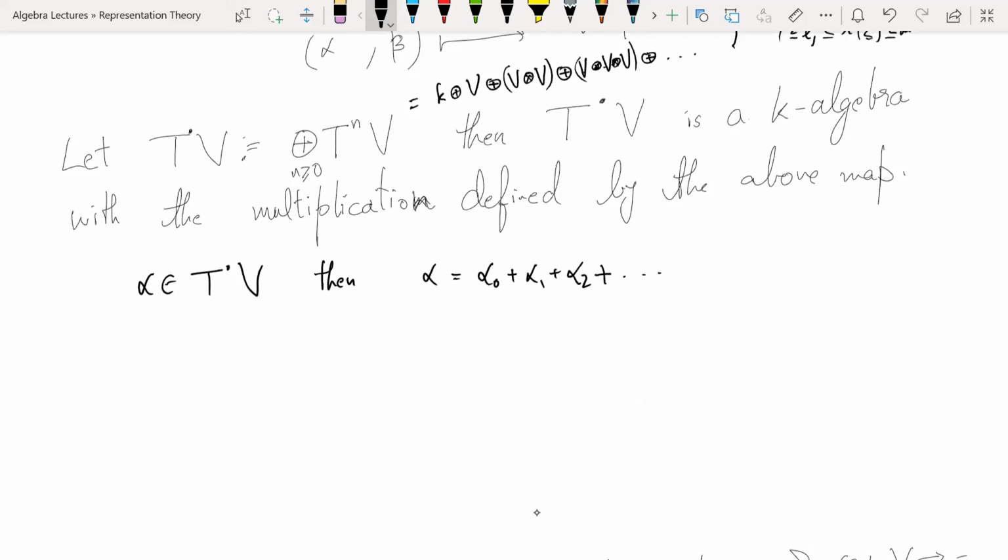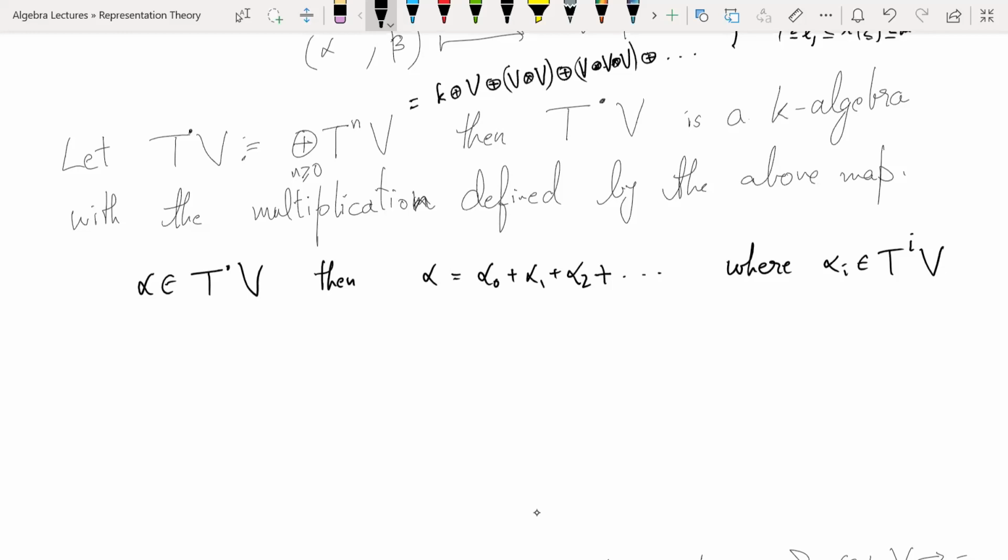All but finitely many will be 0 because it's a direct sum, where alpha I belongs to TIV, by definition of this direct sum, by definition of the tensor algebra.